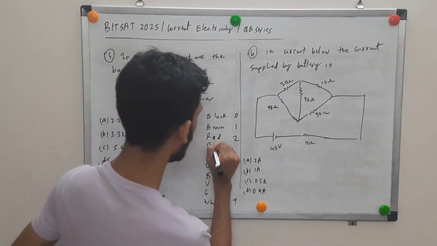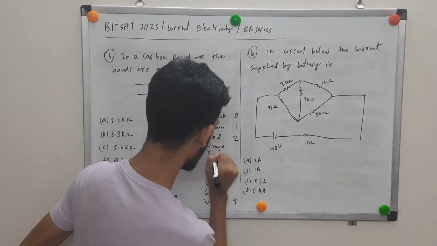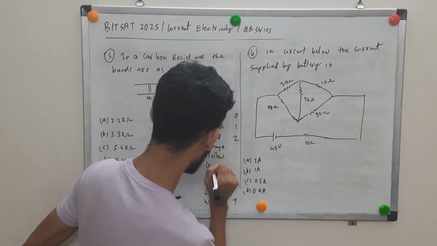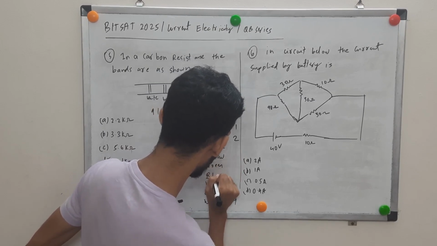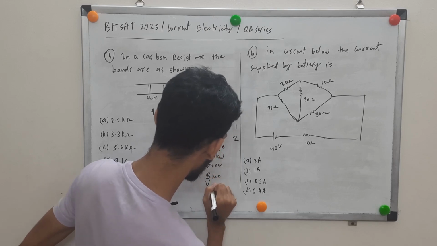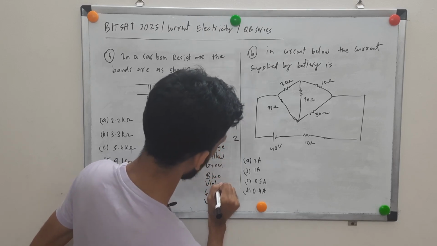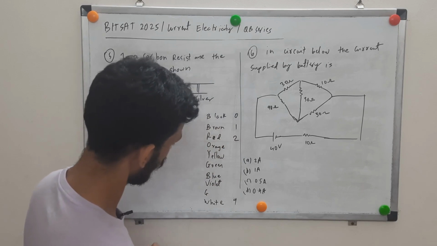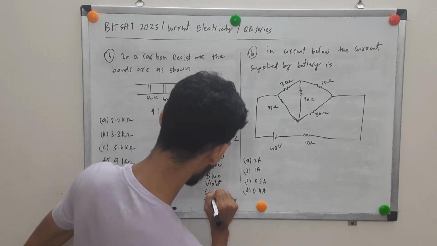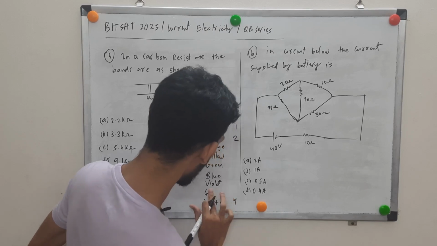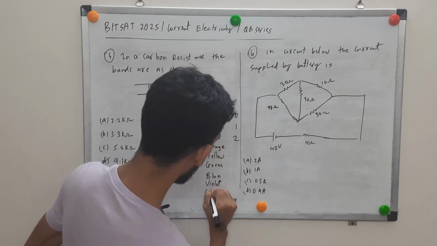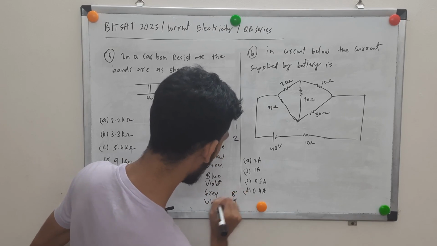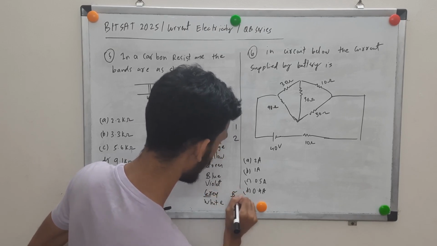If you want the other colors, this is orange, this is yellow, this is green, this is blue, what is this? Violet. I'm unsure about that. I'm also. And this is gray, right? I remember gray is 8. Okay, gray is 8.